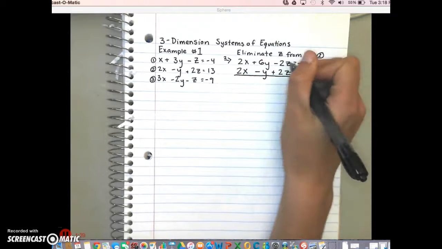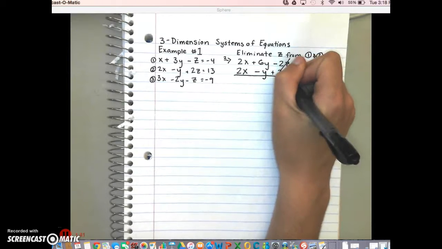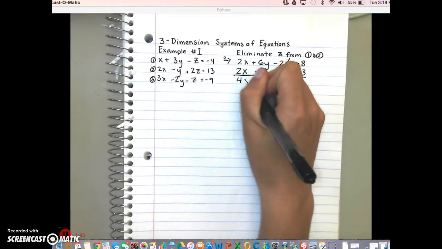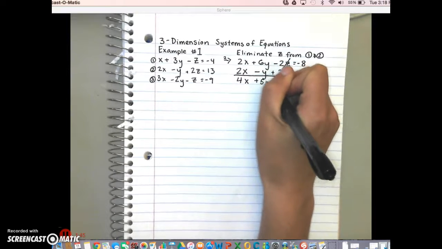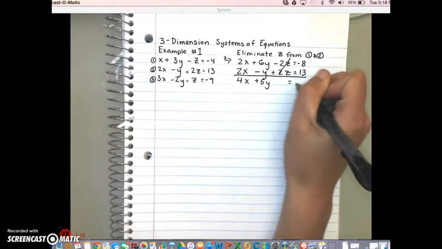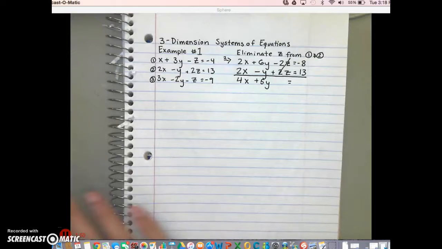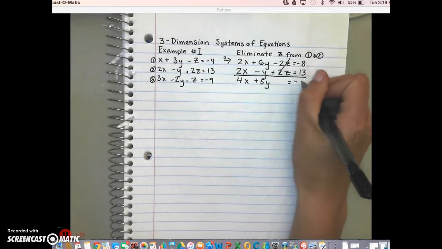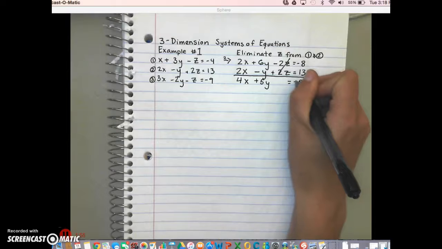Okay, so now I've eliminated my z variable, and I'm left with 4x plus 5y equals negative 5. Sorry, positive 5.